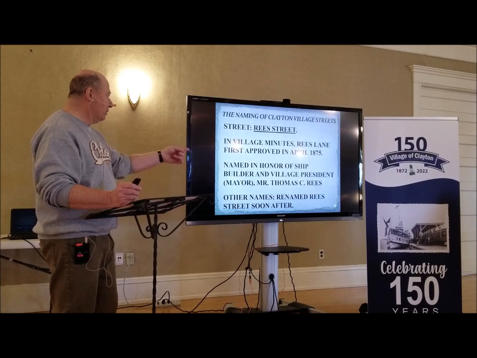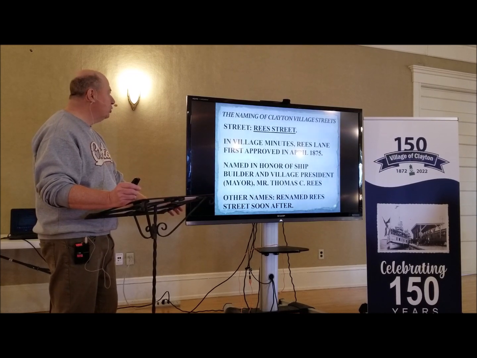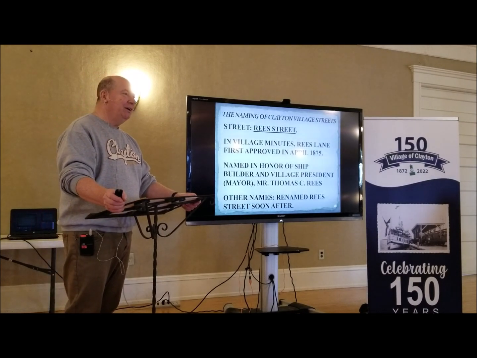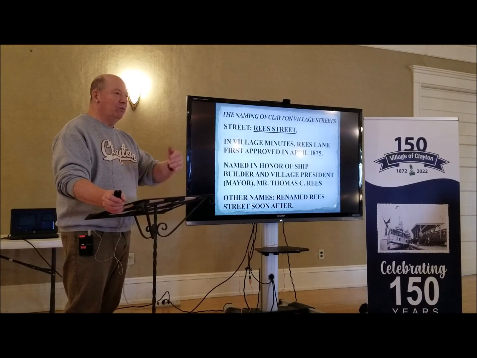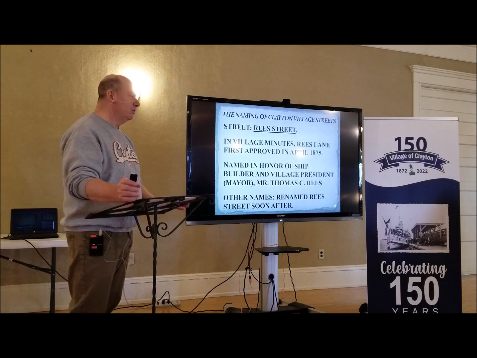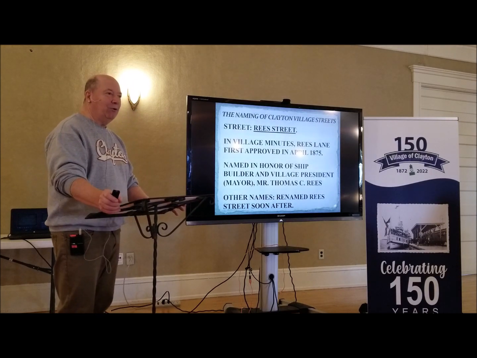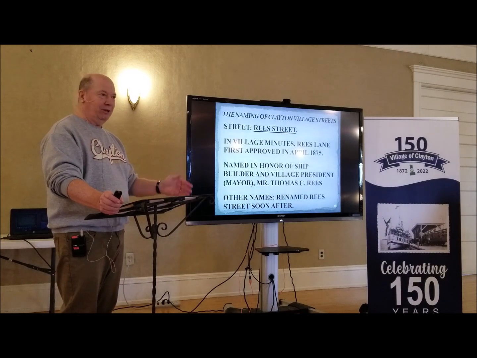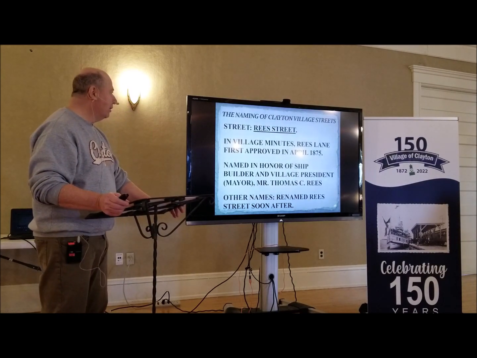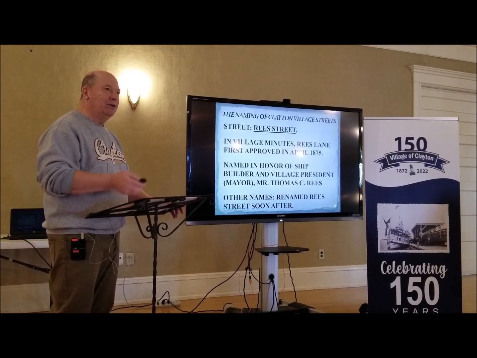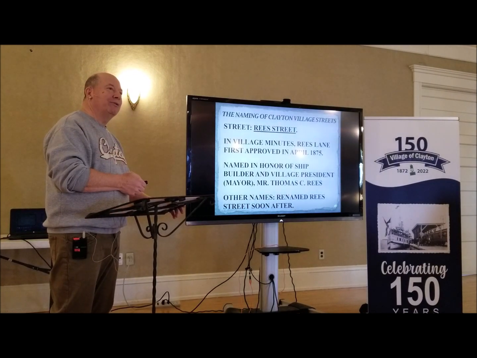Other names, I saw it renamed Reese Street soon after 1875. But it was Reese Lane in the early days, and it just went right down to essentially French Creek area. So we know that we have a lot of Reeses in our history of Clayton. But Thomas Reese, again, shipbuilder and previous mayor. Mayor, one of your co-workers.